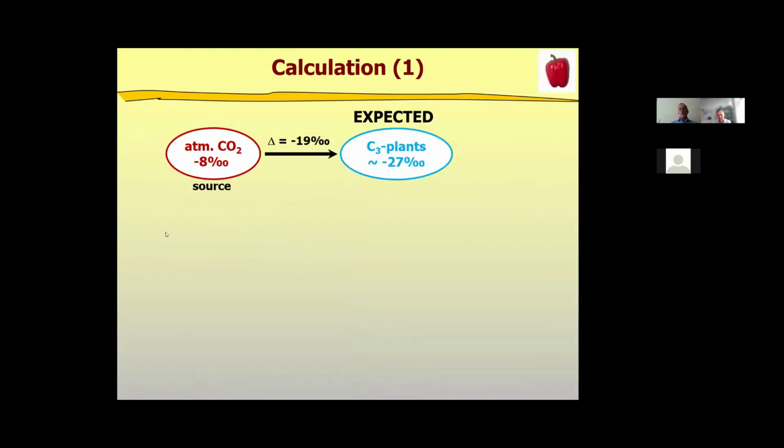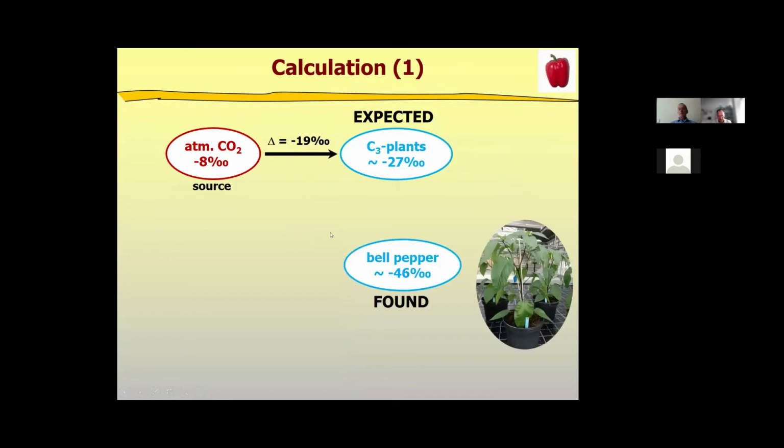So let me show you a calculation. If the source is atmospheric CO2, the expected value in a C3 plant will be about -27 per mil. So you have a discrimination of 13C of 19 per mil. Now, what did we find in the bell pepper? We found a value of -46 per mil.